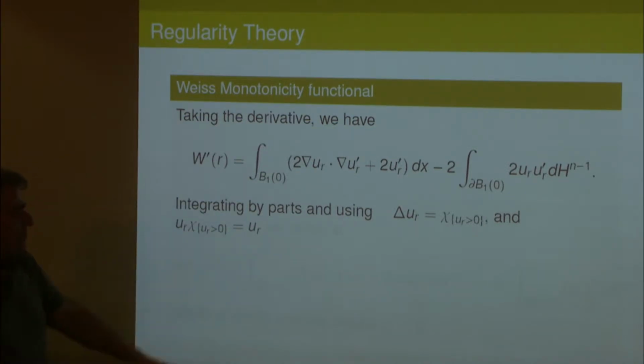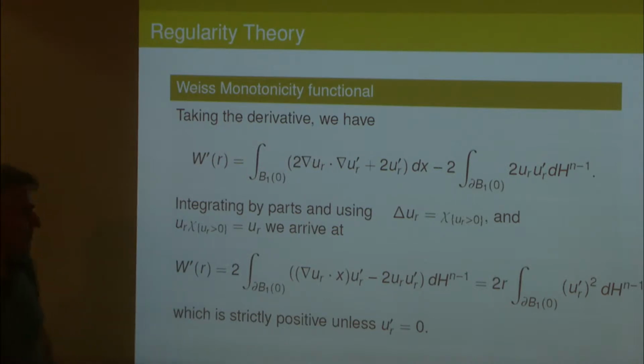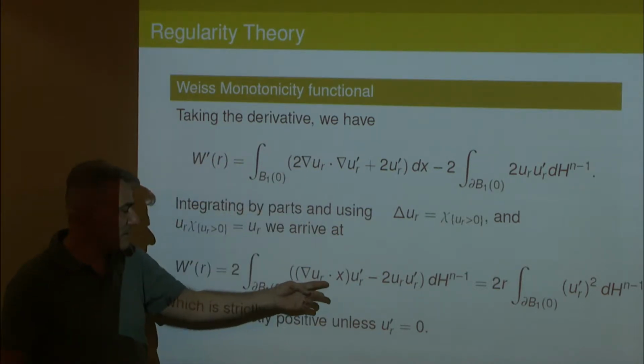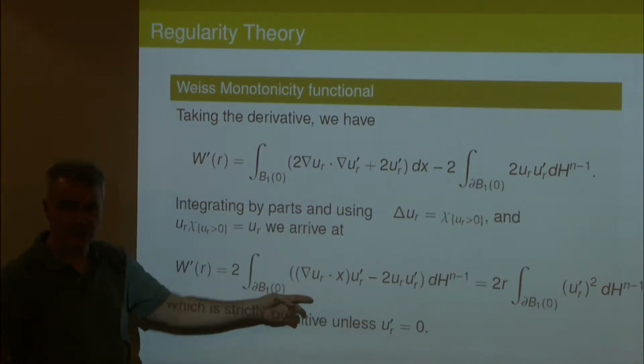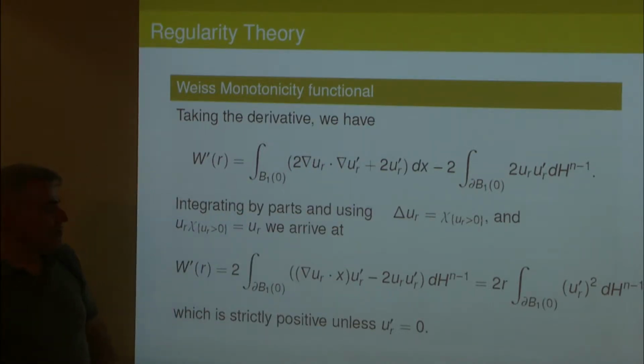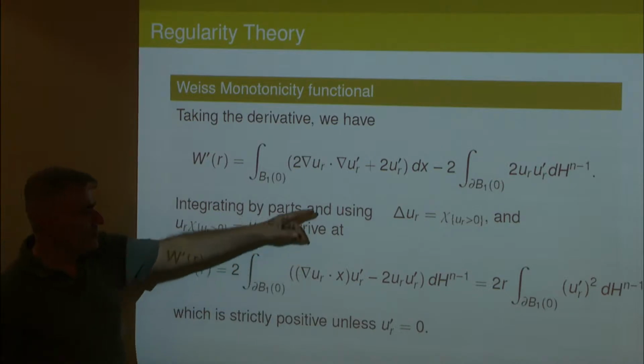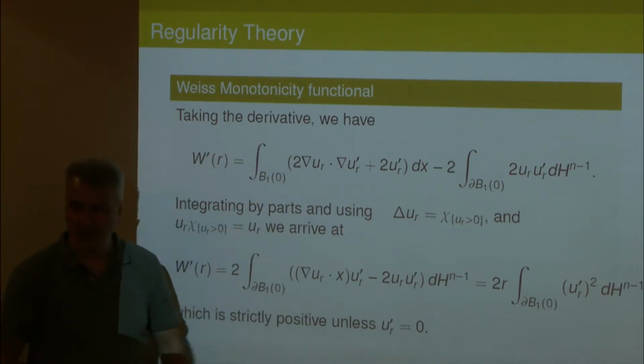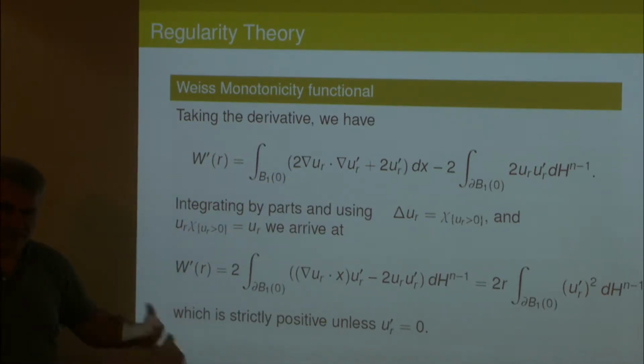If you do that, this is what you get. So it will be gradient of this guy times the normal vector on the boundary times the function u_r prime, and then it will be a Laplacian of u_r times u_r prime, with the minus sign, and that minus will compensate something.